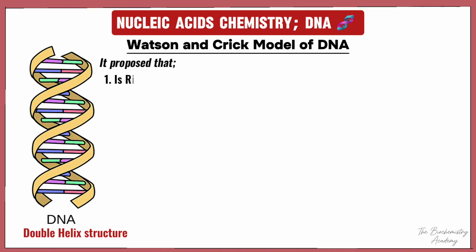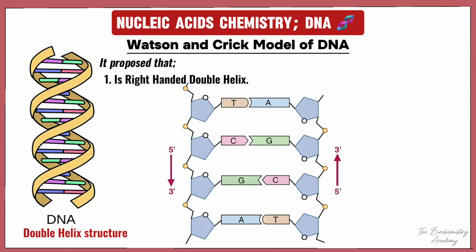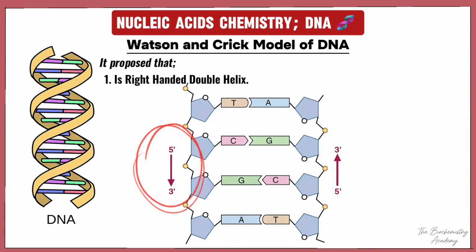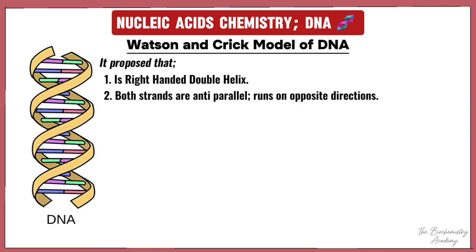DNA is a right-handed double helix, also having two antiparallel strands, meaning that one strand runs in a 3' to 5' direction and the other strand runs in a 5' to 3' direction. To this, one can say that both run in opposite directions. Plus, both of these strands are complementary to each other.